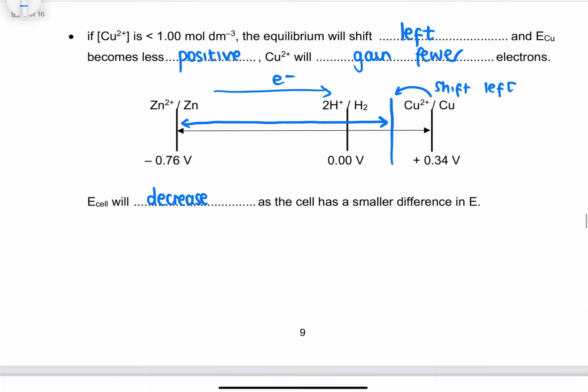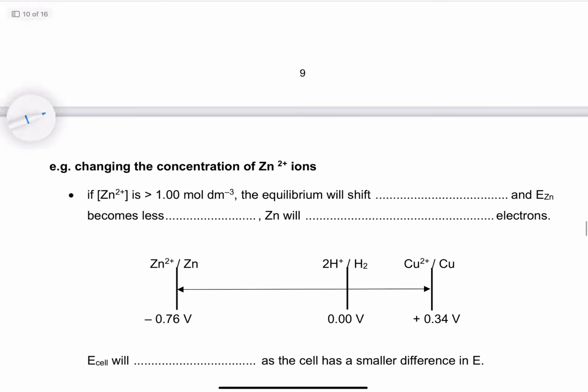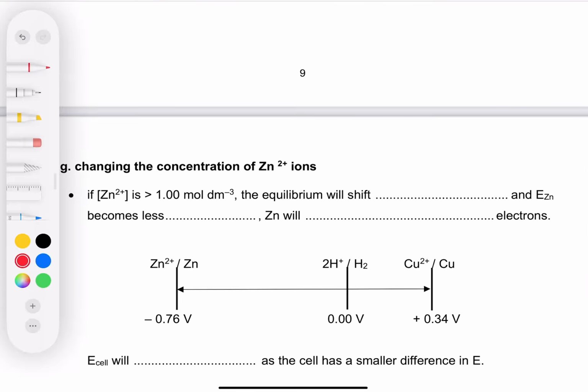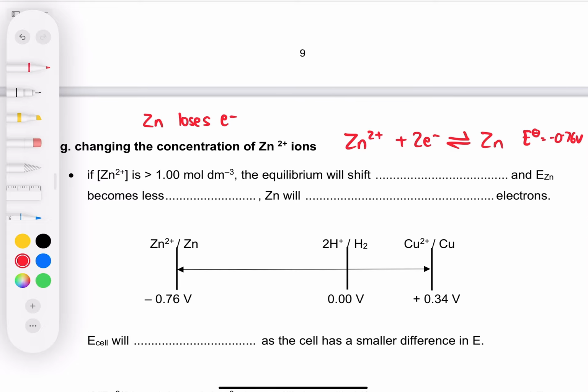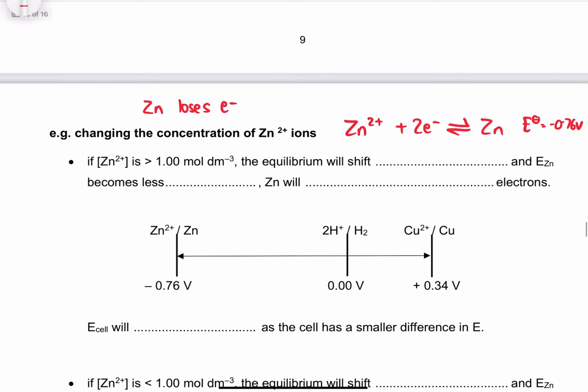Then we're going to look at the zinc half equation. We do need to be very careful with this one because this is the negative one. The equilibrium we're talking about is the one written like this, with an electrode potential of minus 0.76 volts. But remembering that Zn loses electrons in the overall reaction, it goes backwards. But we are talking about this equilibrium that's written as a reduction.